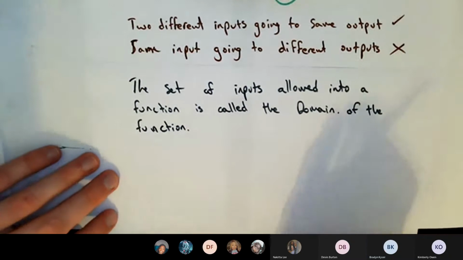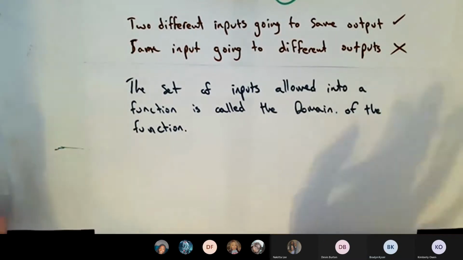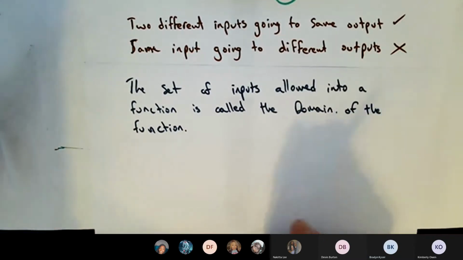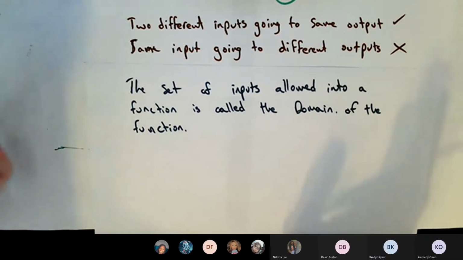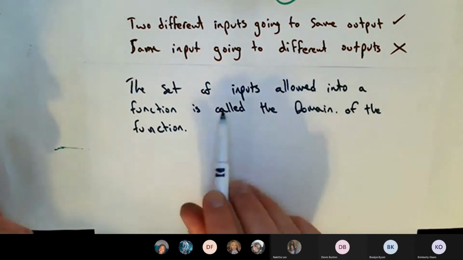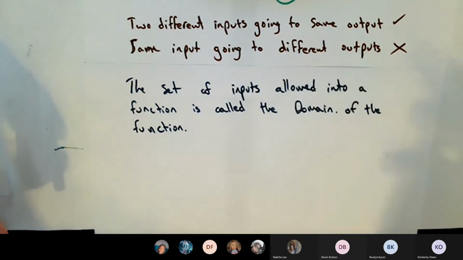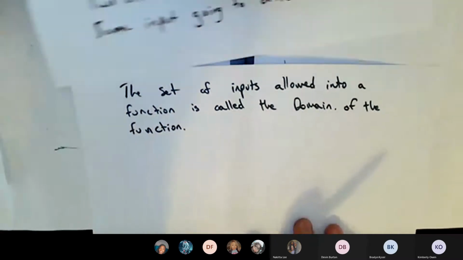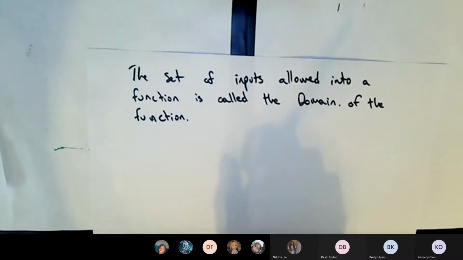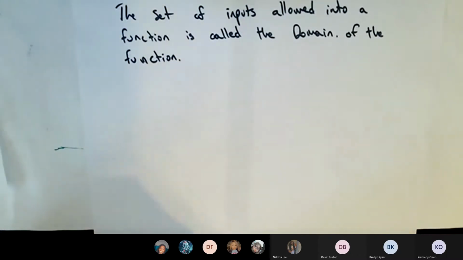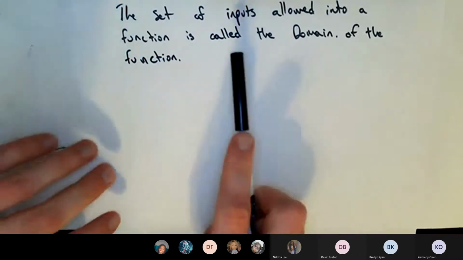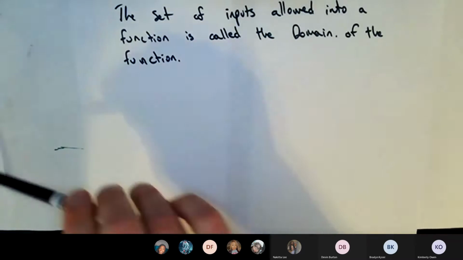So far, I've not shown you any functions that have any kind of domain problems. This probably doesn't mean much to you right now, because you can't think of what it means for inputs to be allowed into a function. So to explain this more, I'm going to give you anti-examples, examples of functions that have values that are not allowed in.